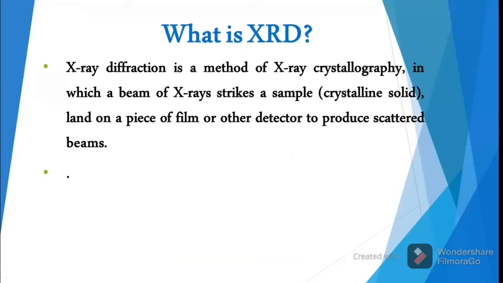X-ray diffraction is the method of X-ray crystallography in which the beam of X-rays strikes a crystalline solid or any other solid, thin film like, and lands on a piece of film or other detectors to produce the scattered beam.